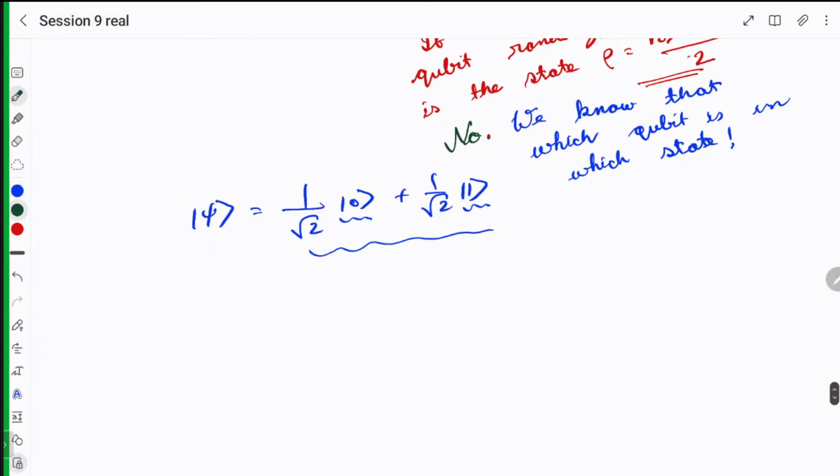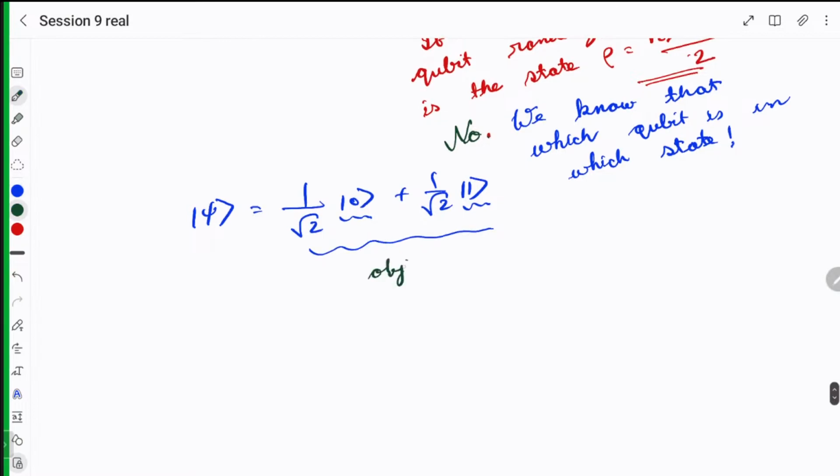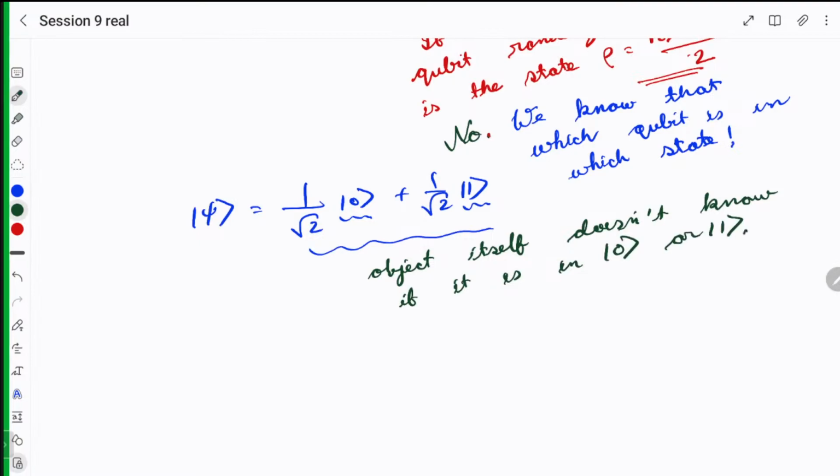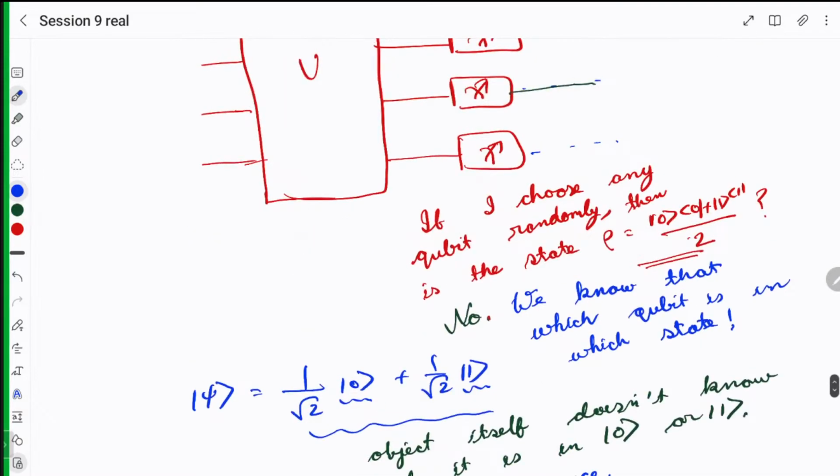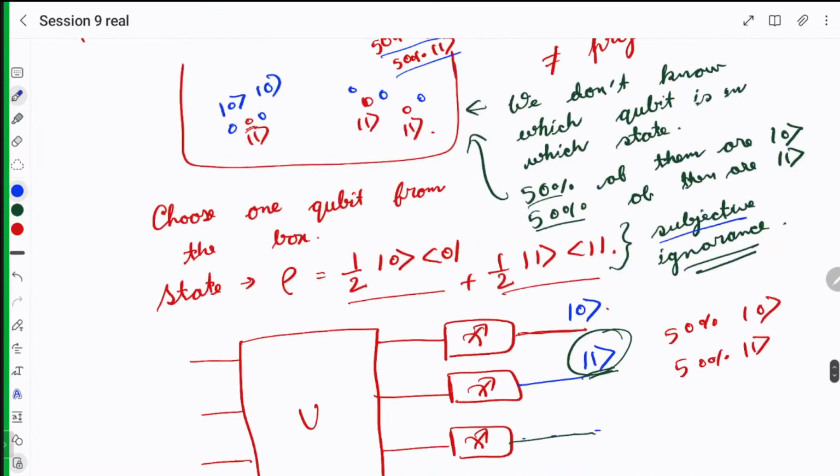So that's why this is known as objective ignorance. So in quantum superposition, we have objective ignorance. But when we have a mixture of quantum states, we have what we call subjective ignorance.